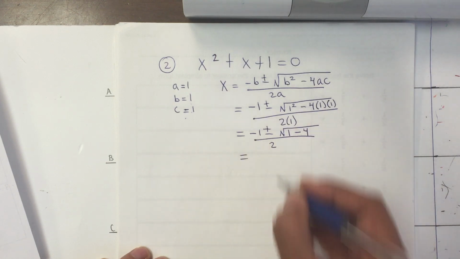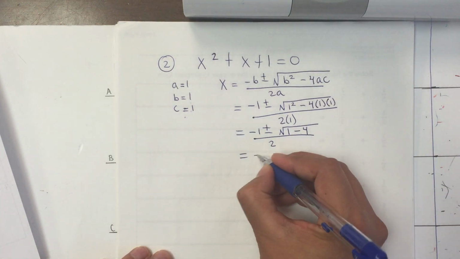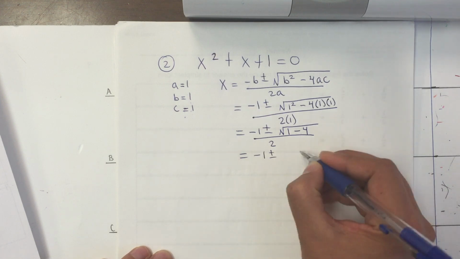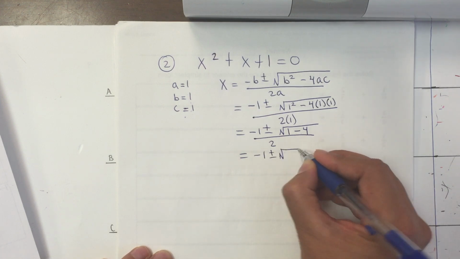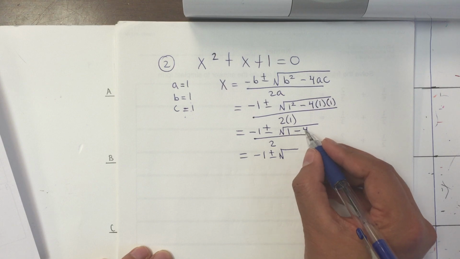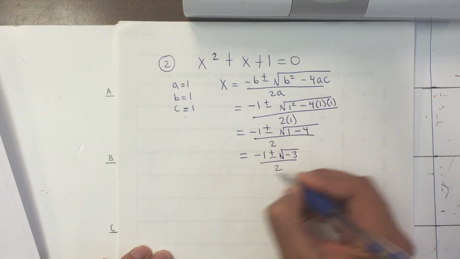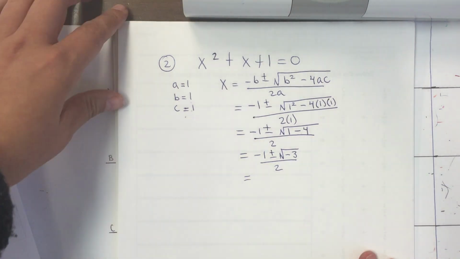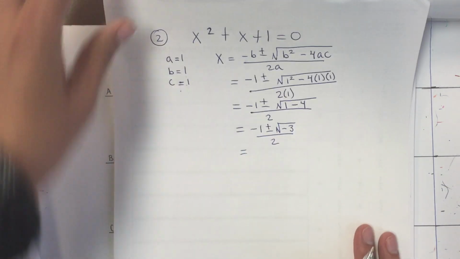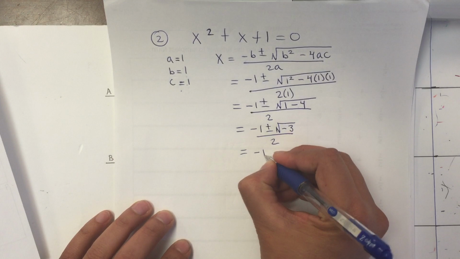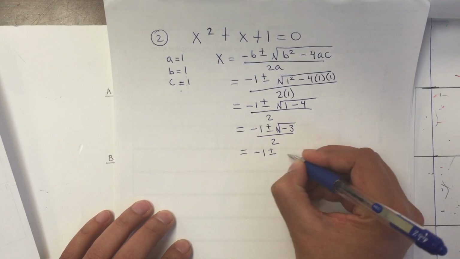And so we are going to have negative 1 plus minus the square root of 1 minus 4, which is negative 3, all over 2. And so we have negative 1 plus minus.